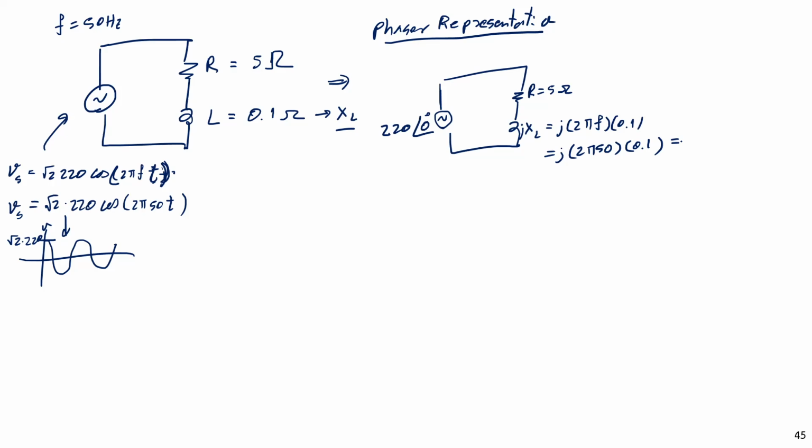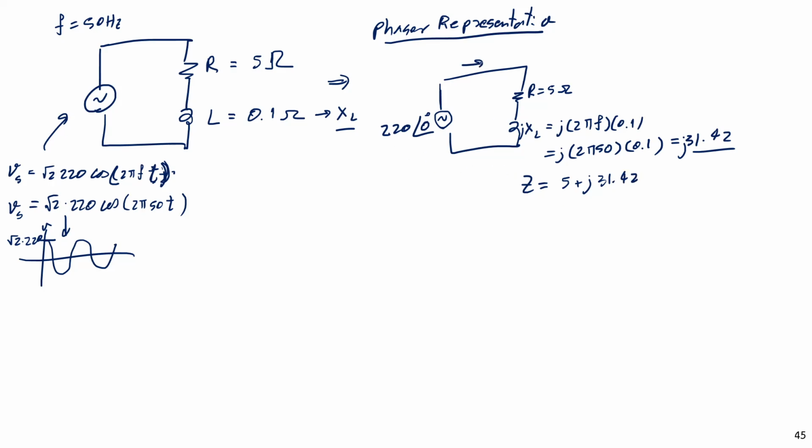So how much for X? 2 pi 50 times 0.1 is 31.42. So the impedance is 5 plus j 31.42.